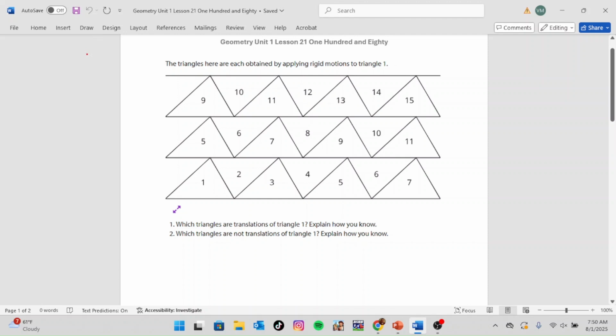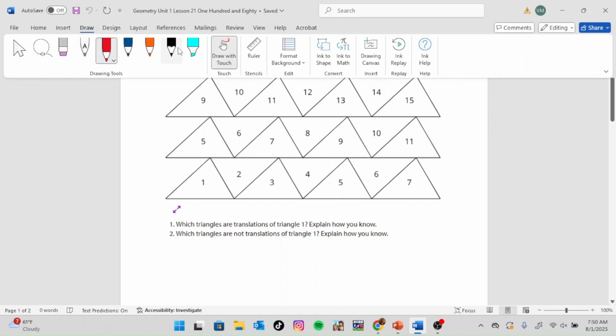All right, let's go ahead and begin with practice problem number 1. The triangles here are each obtained by applying rigid motions to triangle 1. So we're starting with that bottom left triangle.